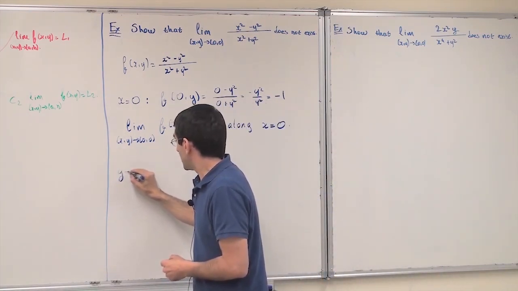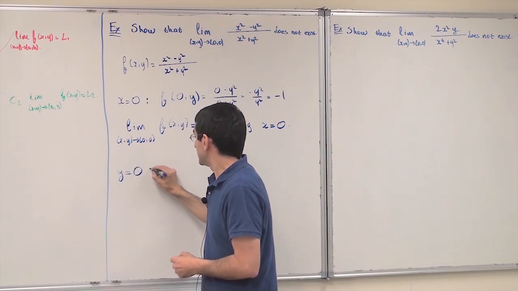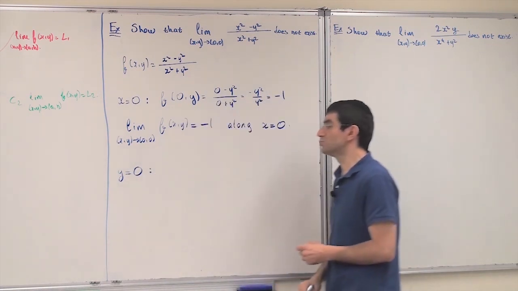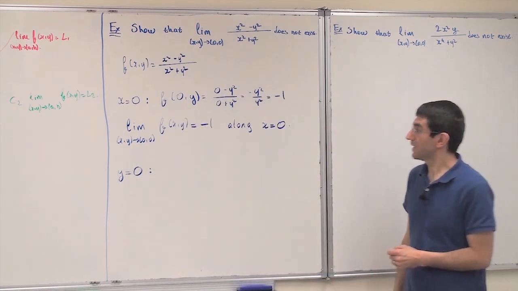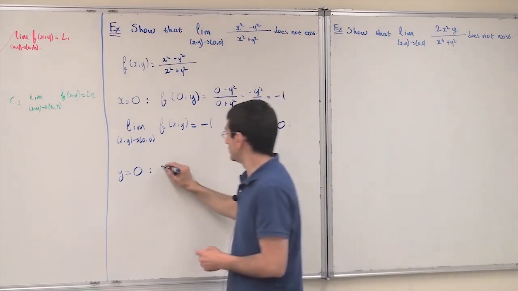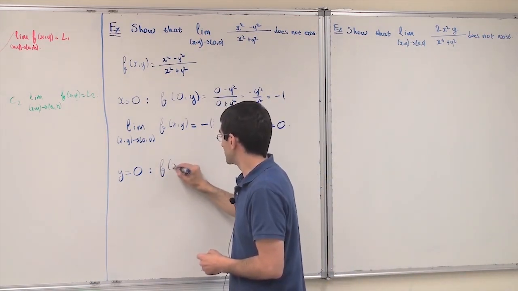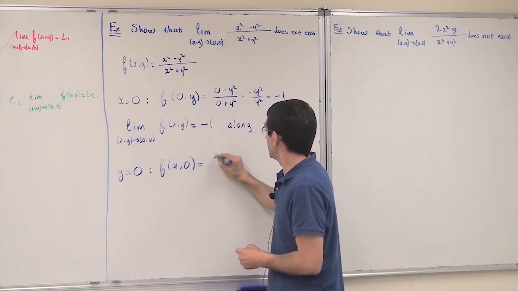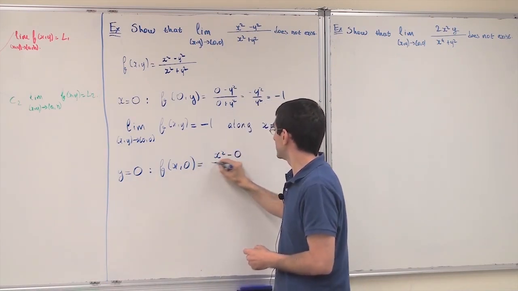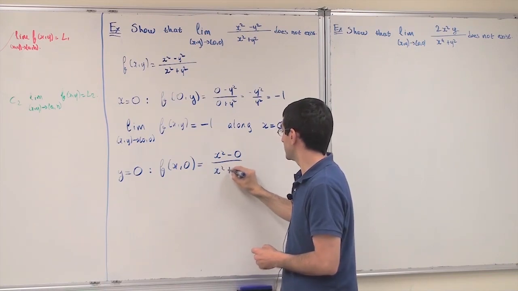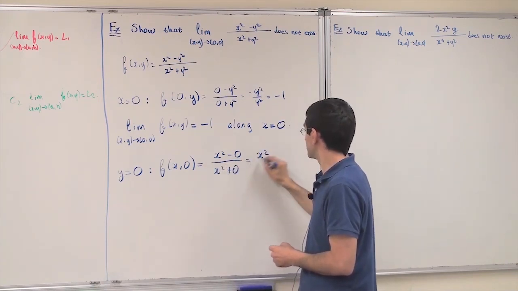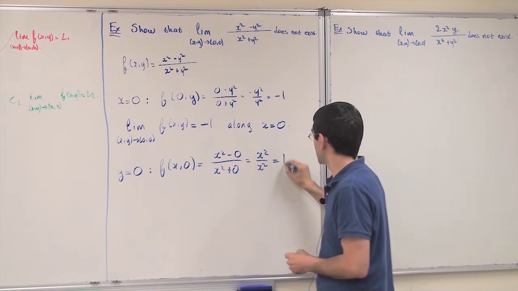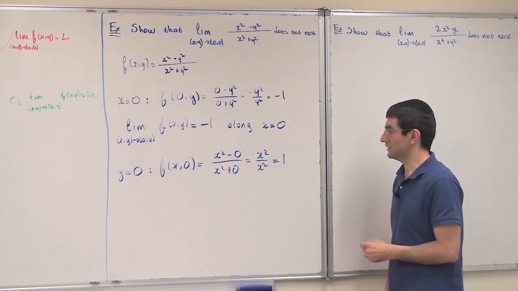Now, as the second path, I choose y equals 0. And I substitute this path in my function, which gives us x squared minus 0 over x squared plus 0, which simplifies to x squared over x squared, which simplifies to 1.